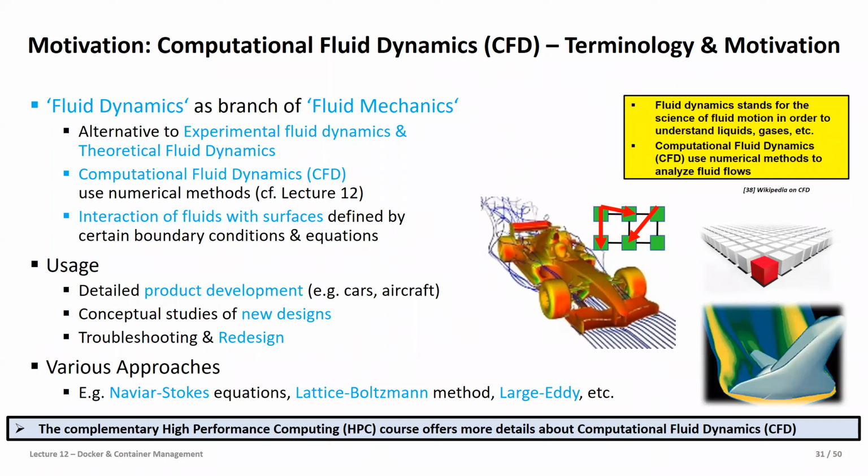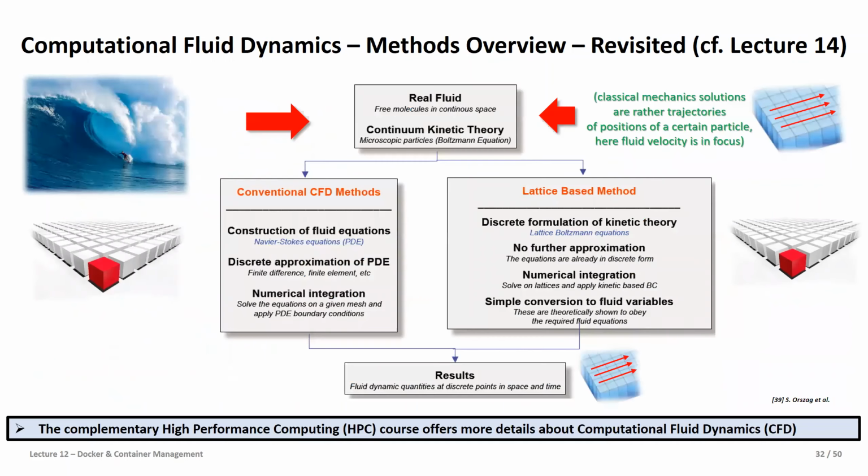So if you really want to know more how actually race cars are being built, how crash simulations work, you are in the field of computational fluid dynamics, which is essentially, of course, something for an HPC course. But today with UberCloud as an example, you will find this also in cloud computing very much, which then has many different approaches and different options to choose from.